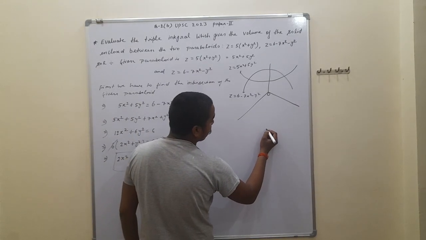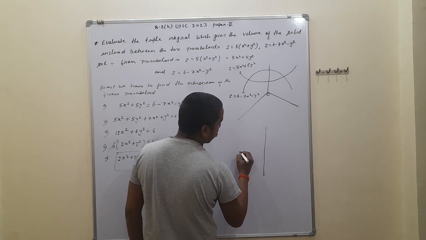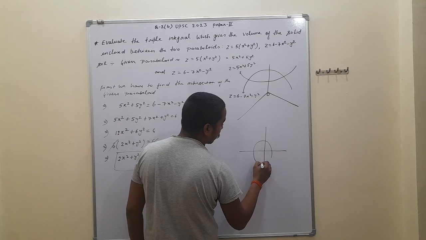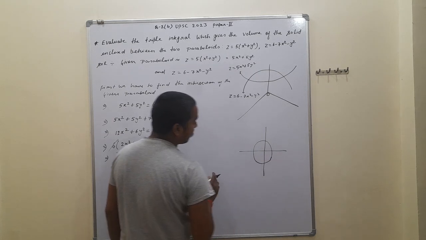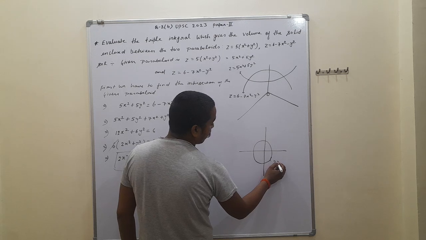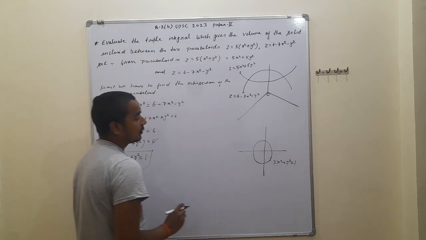We have to draw it also. This is the elliptical cylinder, 2x square plus y square is equal to 1.